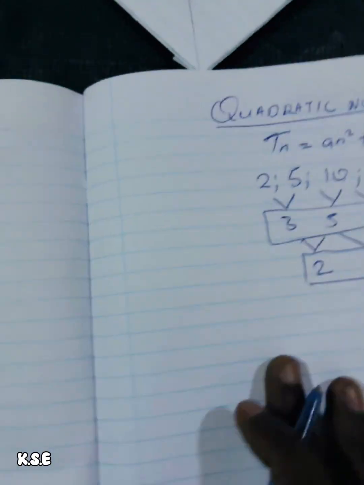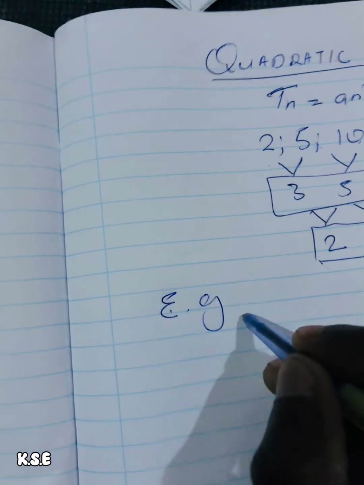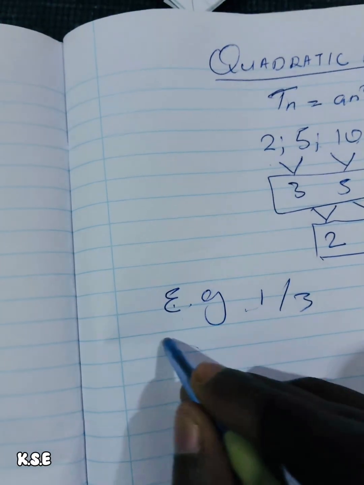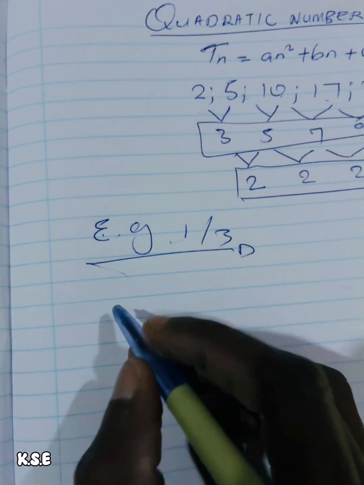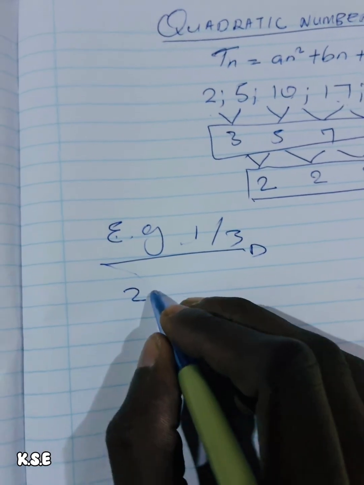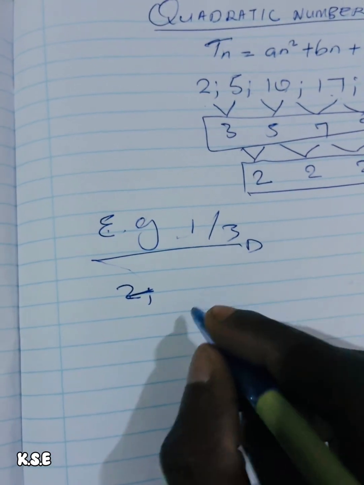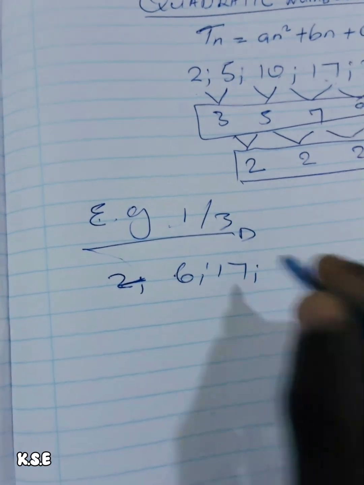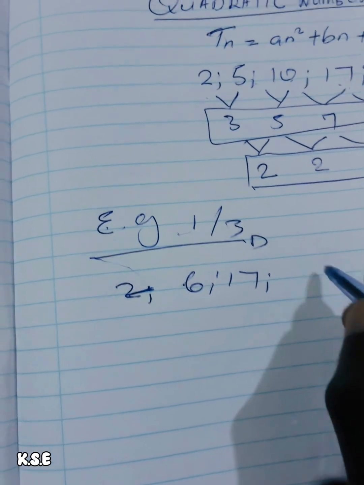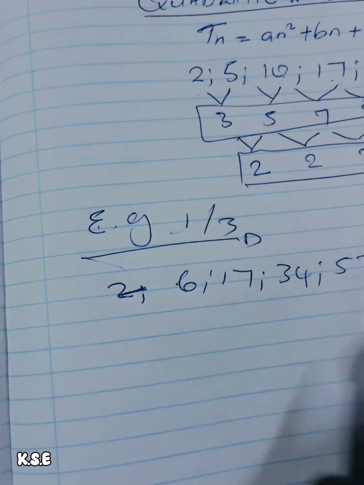Okay, let's do more. Let's do example 1 of 3. We already did the first pattern, so we're going to do another one: 6, 17, 34, and 57.